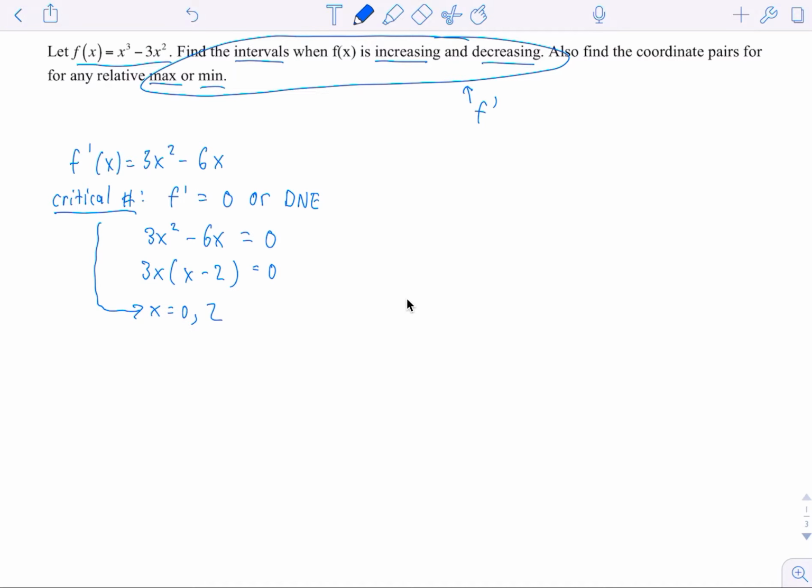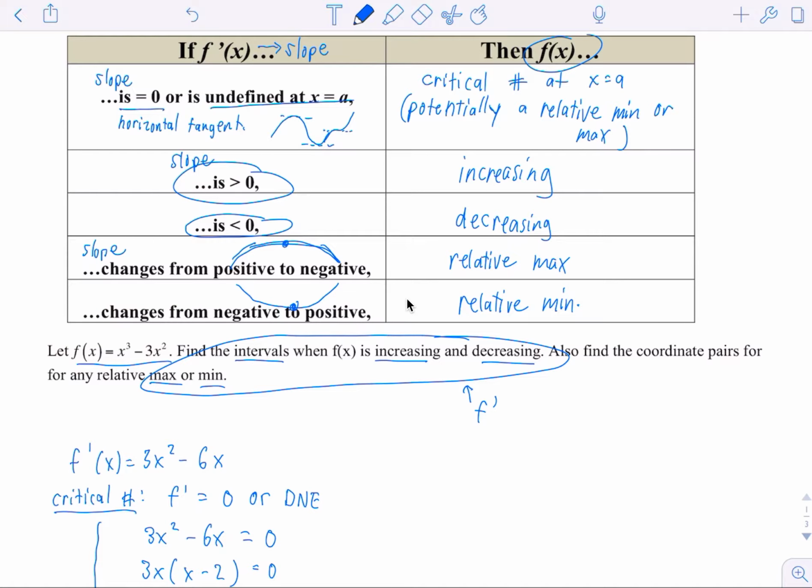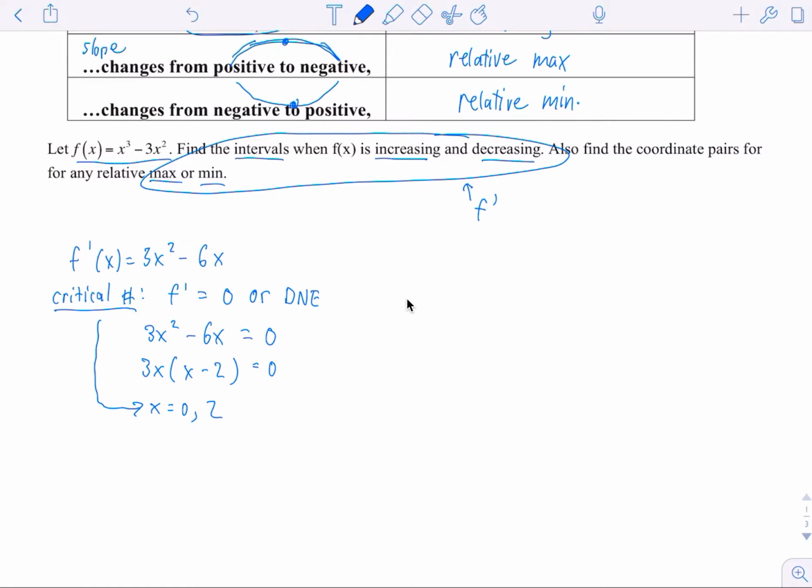Now, critical numbers tell us there might potentially be a relative min or max. We've got to figure that out. So if you remember, we make a chart. Here's my chart of my x values. Here's 0, here's 2. Now we want to figure out what my f prime looks like at these points.